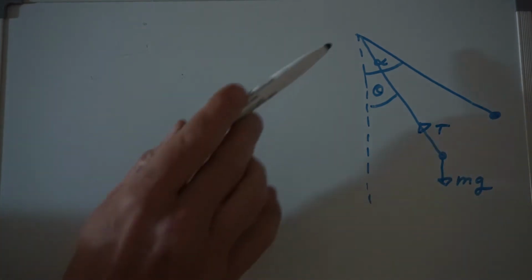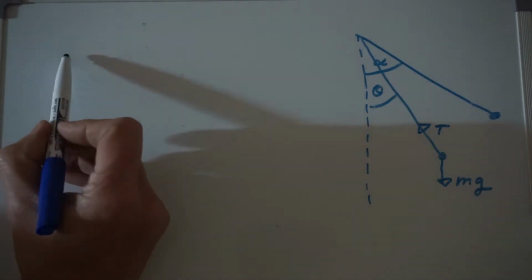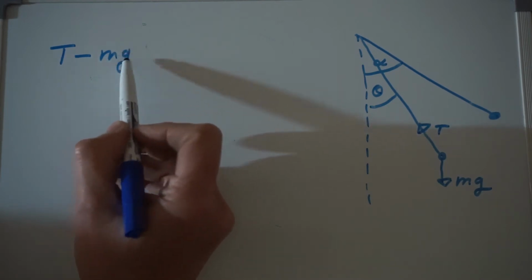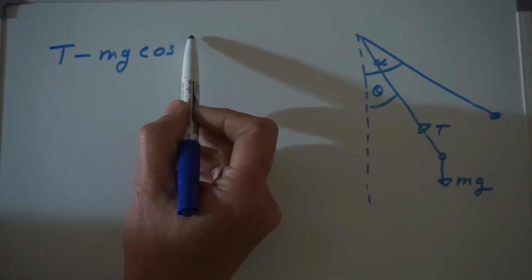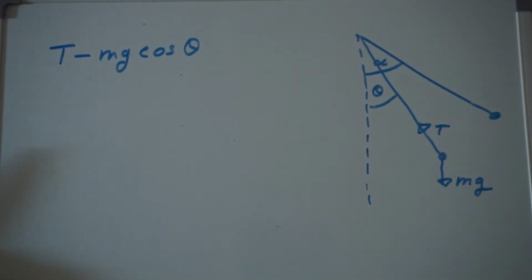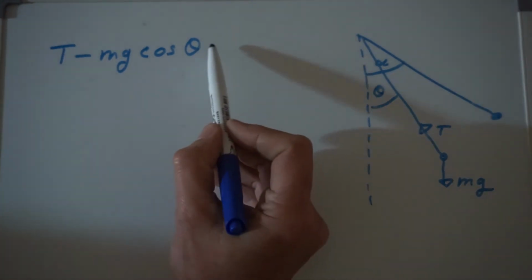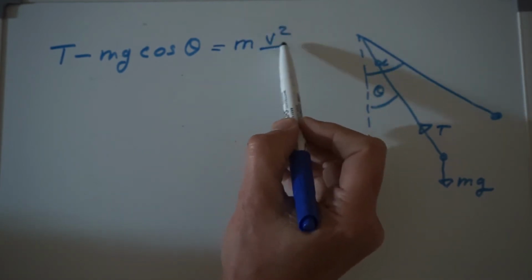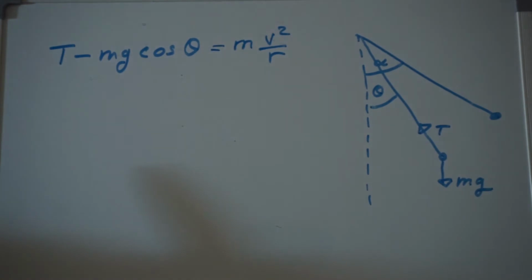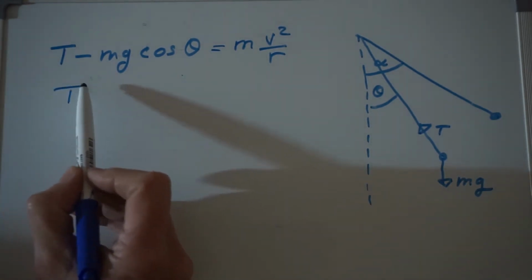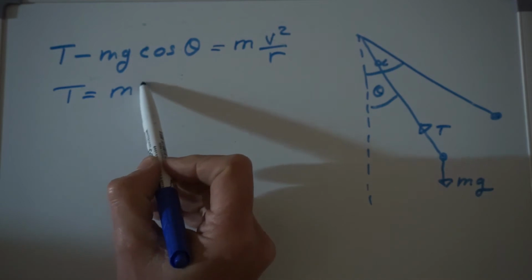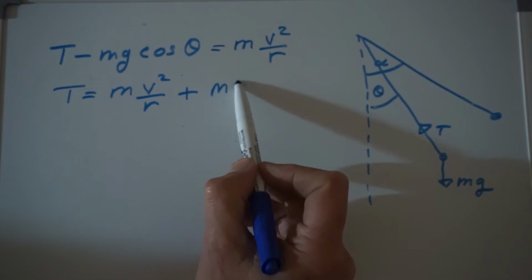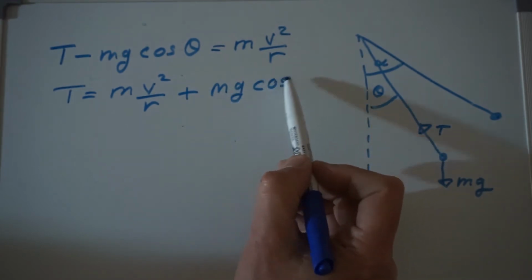Resolving towards the centre of the circle here, we have T minus mg cos theta, which will be our resultant force, and that will be equal to the mass times the acceleration, which we will take as v squared over r. So T will be equal to mv squared over r plus mg cos theta.